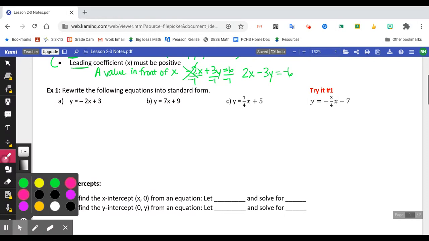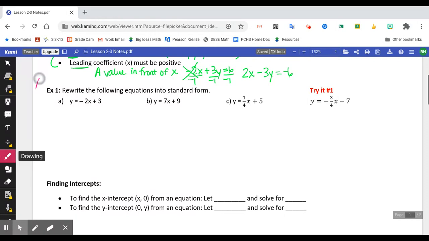Rewriting into standard form. Again, we want it to be ax plus by equals c. So we want x and y together. So your first step every time is going to be move x by adding or subtracting. Okay, so this one is a negative x, which means I'm going to add it over. Okay, and again, we are not actually adding anything. We're just moving it.